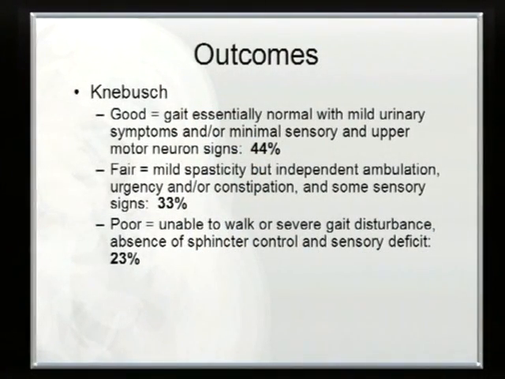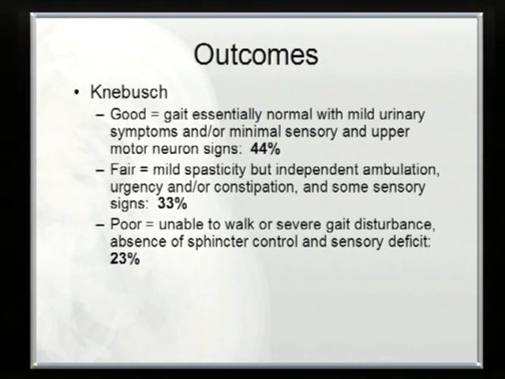Dr. Knabush, who did publish a series of children with transverse myelitis, in his article made these statements. He felt that a good outcome was seen in about 40%. He defined good as essentially normal with mild urinary symptoms and/or minimal sensory and motor findings.